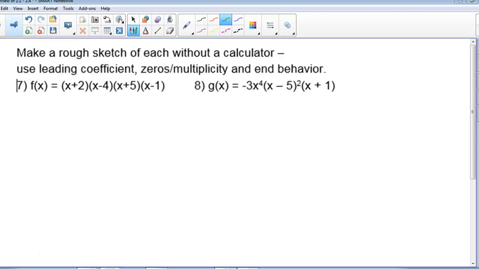Do you want to do 5, 6, 7, or 8 together? Do 8? Okay. This one has how many zeros? It is degree 7. It has a 0 at 0 of multiplicity 4, yes?